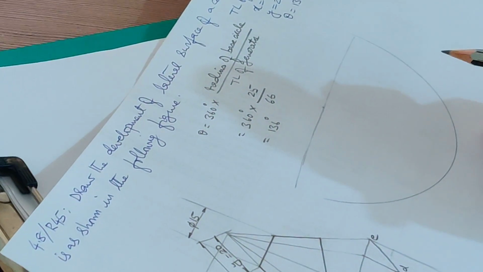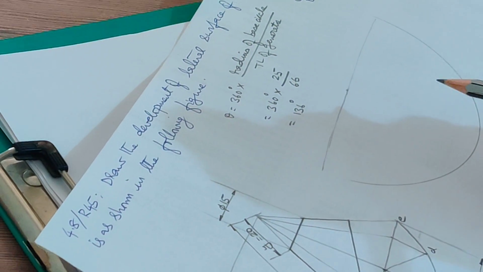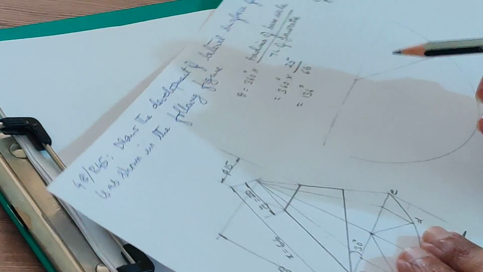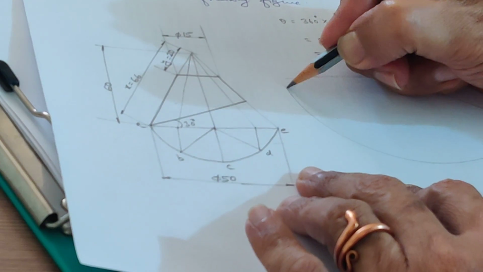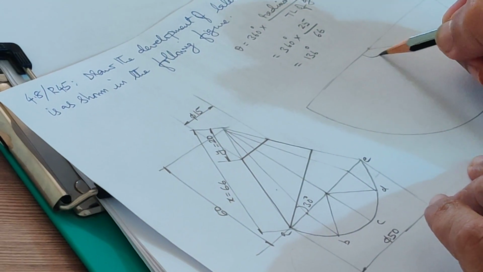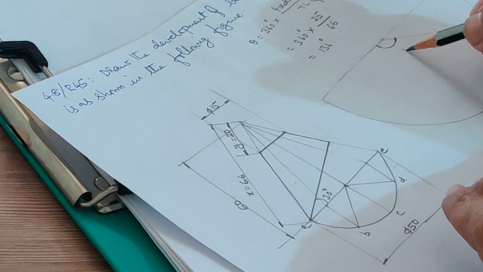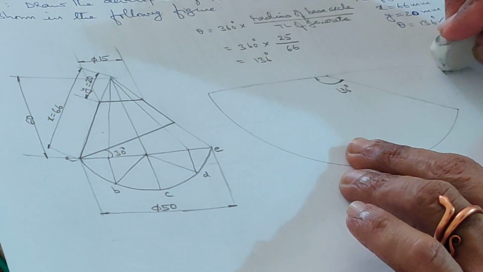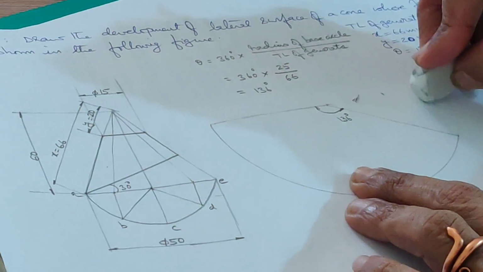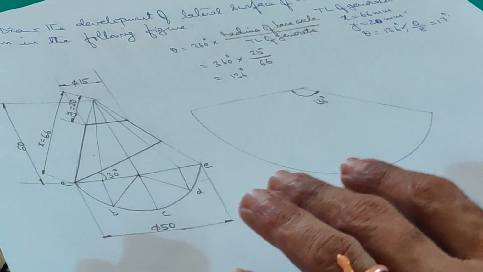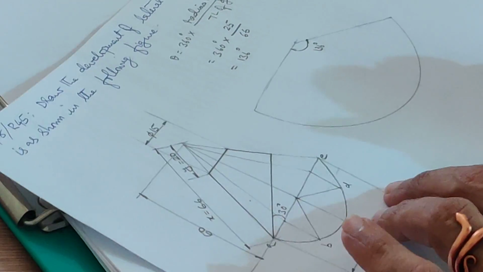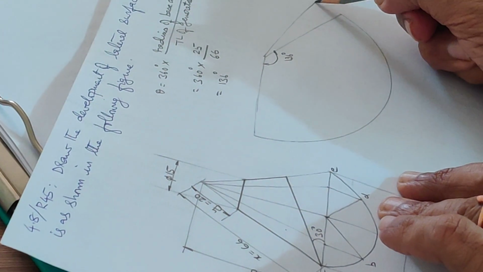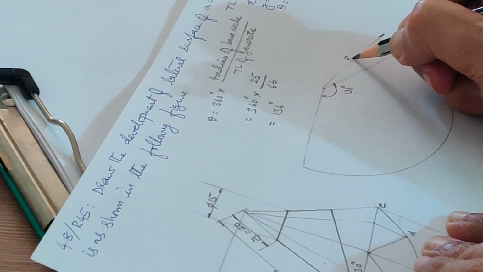So I have to reduce it by approximately 40 degrees, maybe till here. So I can show this angle as 136 degrees. This I can erase. The radius is 66. I will just show it here. R66.